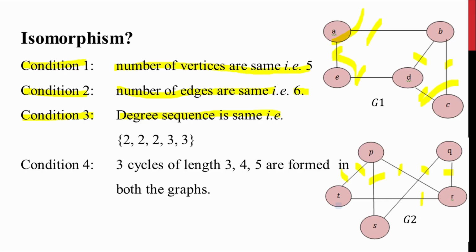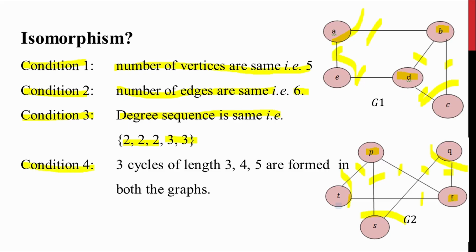Correspondingly T, Q and S have degree 2, 2, 2. The vertices D and B have degree 3, and in graph G2 the vertices P and R have degree 3.